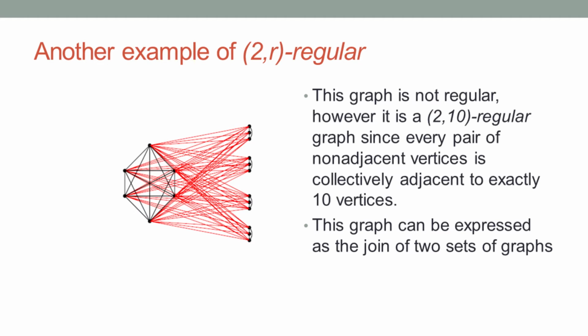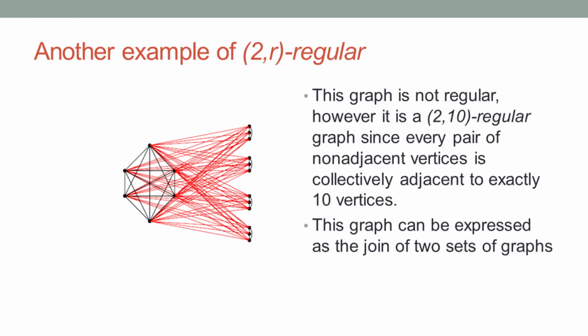In particular, it's 2,10-regular. If you look at the vertices on the left, there is a complete graph on 6 vertices, and on the right, you have 4 copies of a K3, or 4 triangles, and then you have connecting edges between these.